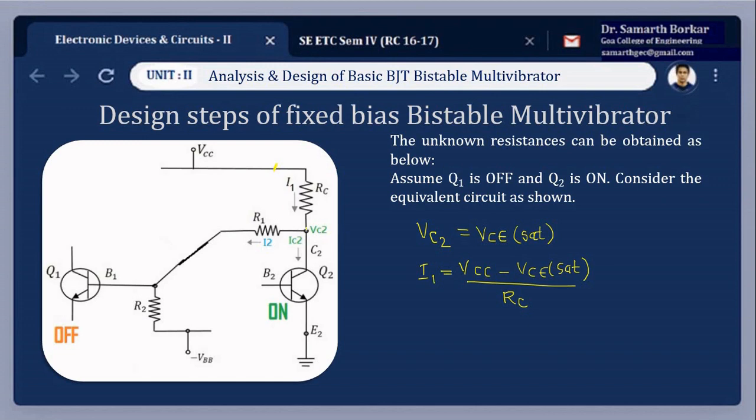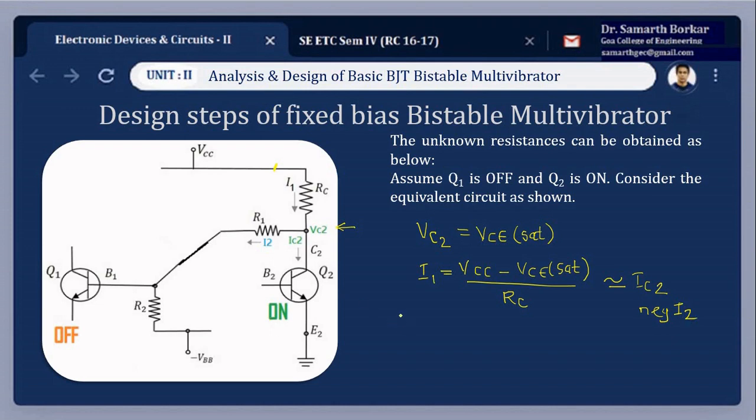So this is the incoming point, this is the outgoing point. So it is VCC minus VCE set, where VCE set is the voltage at this point, divided by RC, which is near about equal to IC2. The amount of current passing through this path I2 is very much less, negligible. So I1 is as good as IC2. So we can write here, neglecting I2.